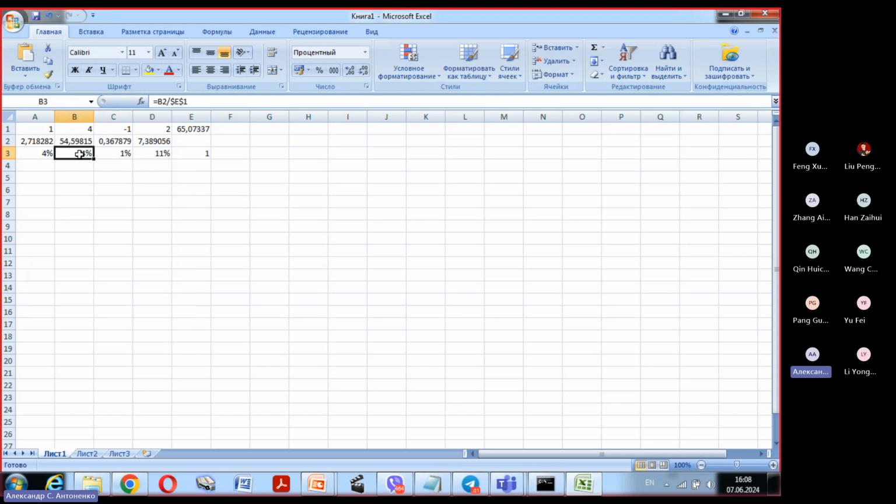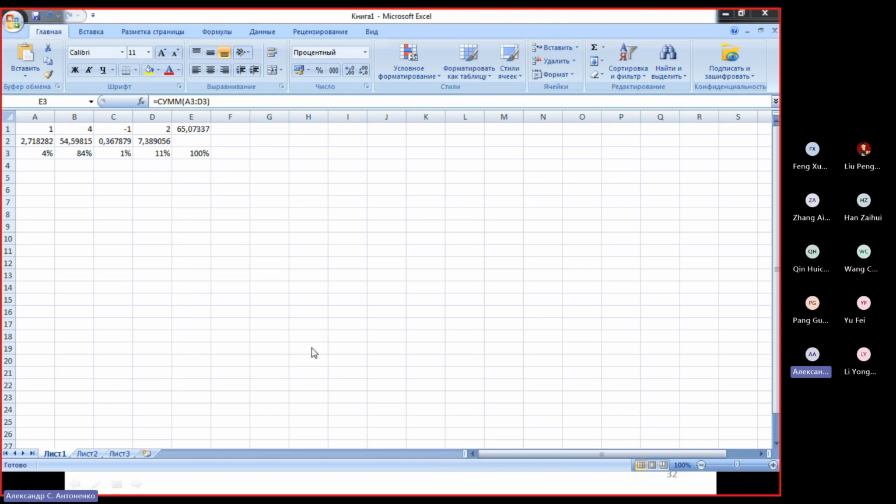For example, for class B it's 84%, for class A 4%, for class C 1%, and for class D 11%. And the total is, of course, 100%. So I hope it is clear how this softmax works.